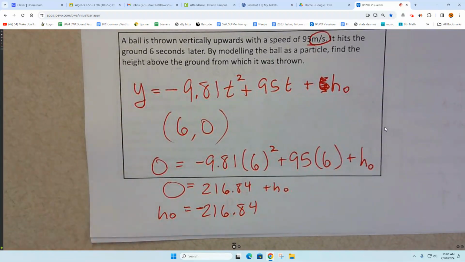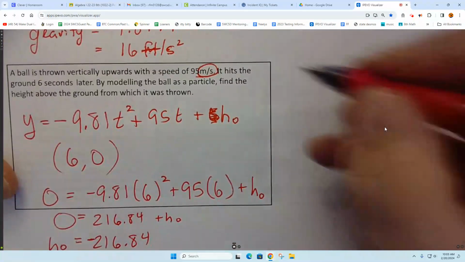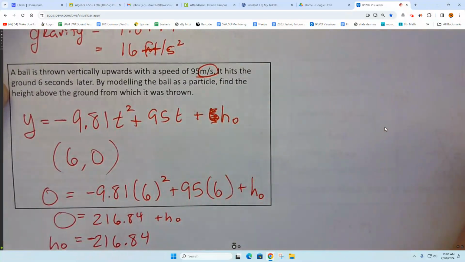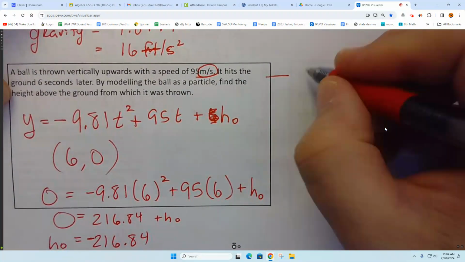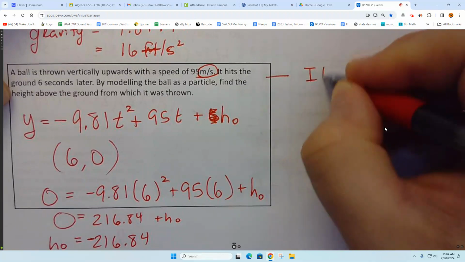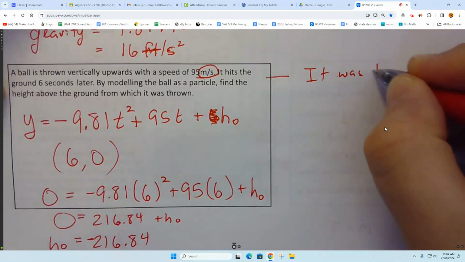The math tells me that its initial height was what? It says find the height above the ground from which it was thrown. That's a little tricky.